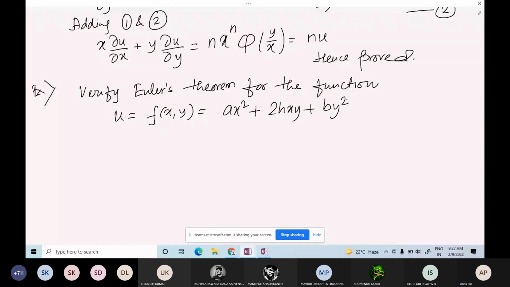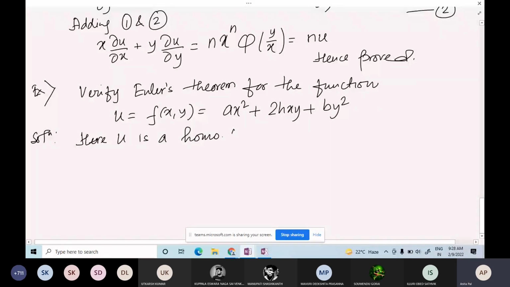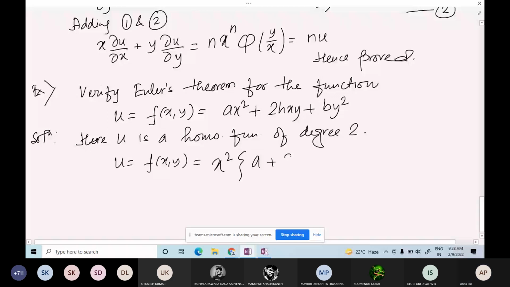So we'll write here: u is a homogeneous function of degree 2. So we can write u equals f of x y, that is, x square times a plus 2h y by x plus b y square by x square.